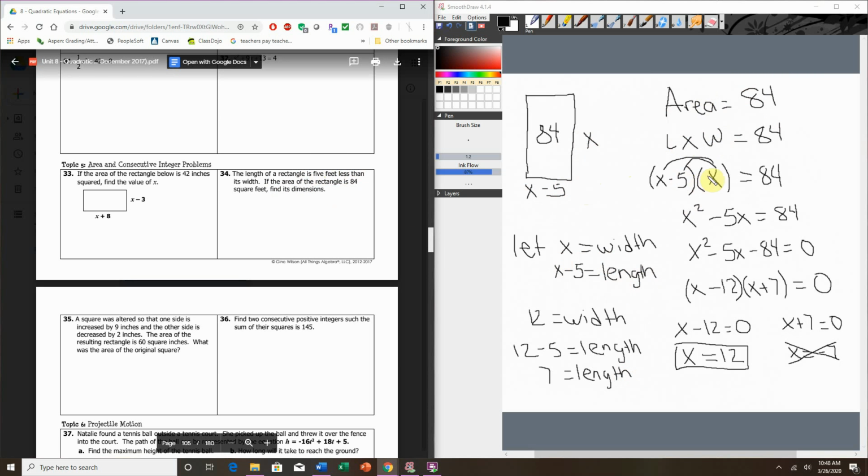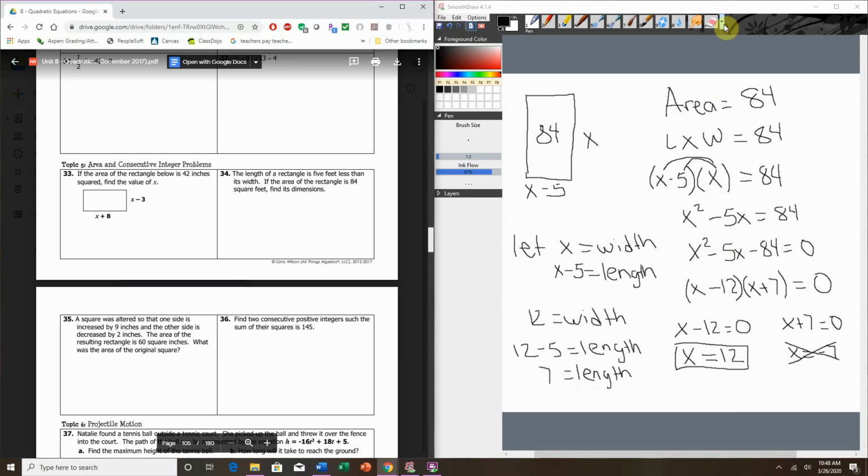Okay. From there we were able to plug in our x and our x minus 5 and solve from there. We got a nice quadratic, and then we were able to solve for both. But we have to remember that a length or width cannot be negative, so we have to go with the positive solution, and we plug it into both of our equations that we figured out, and we get our answer. So our width is 12 and our length is 7.